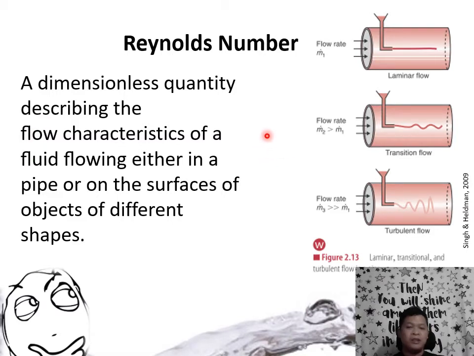So even though you use dimensions to calculate the final number, doesn't make sense if you attach the dimensions to it. But what it's simply stating is that depending on how fast the water flows and a number of other factors, you could tell if its flow rate is laminar or turbulent or transitory.